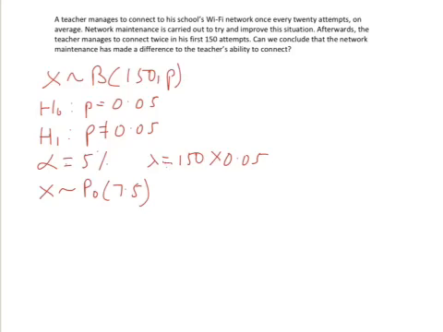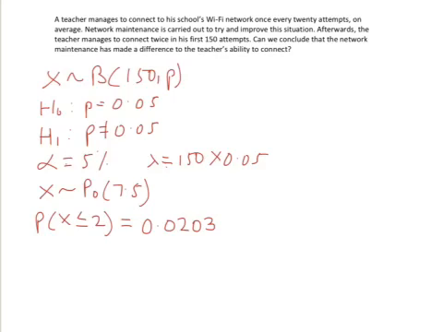So what's the probability that X is less than or equal to 2, because we got 2 successful attempts in the first 150. Now looking that up in Poisson tables, we get 0.0203.